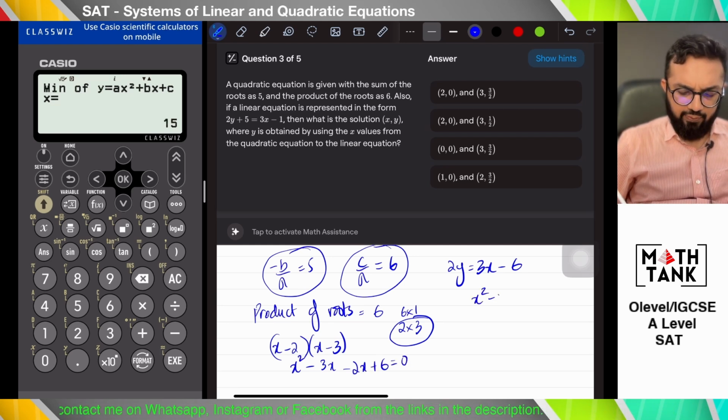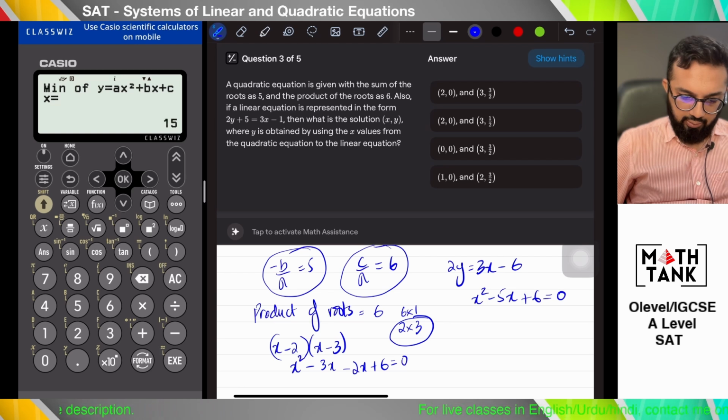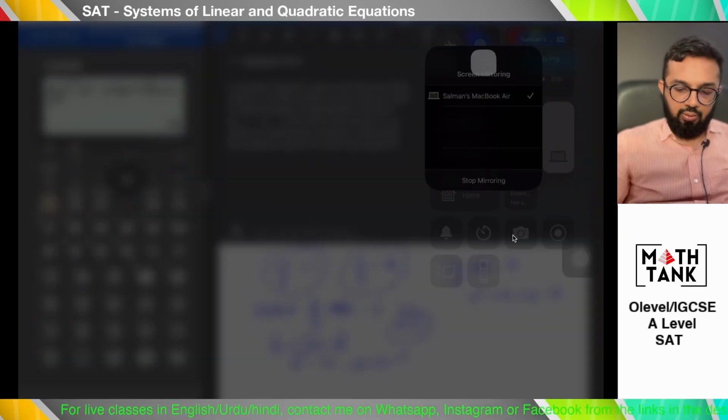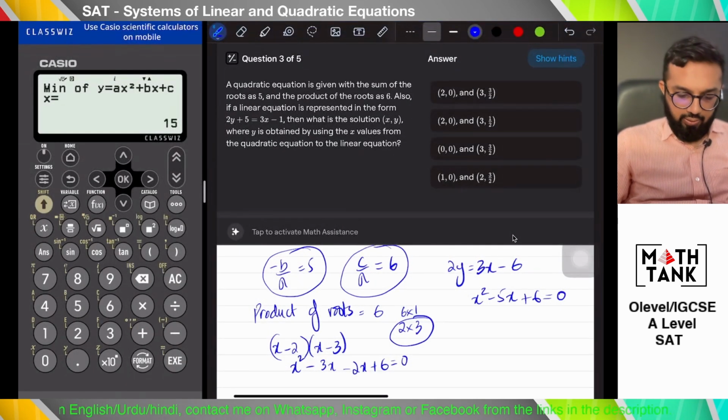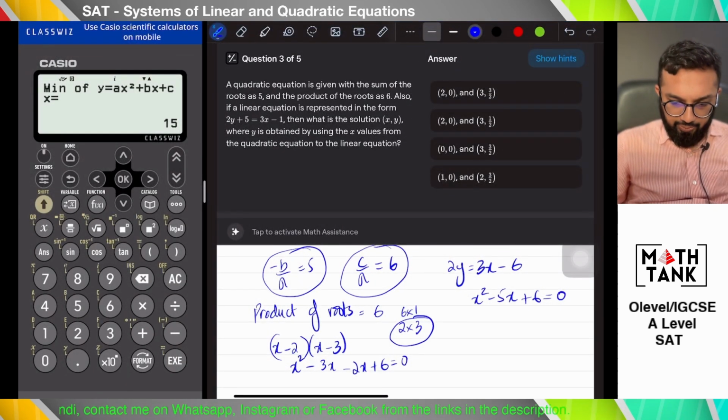Let's see if that works for me. Okay, now I'm going to substitute. Okay, so the answer could either be 2 or 3. So 2 and 3.